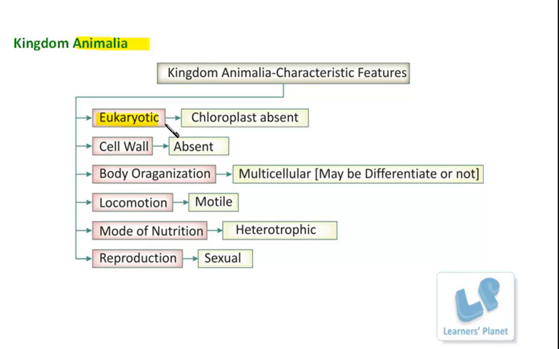It is a well developed cell with respect to the nucleus and other membrane bound organelles. But the important point that I would like to mention here is that in these cells, the chloroplast is absent. Or in other terms, I can say the plastids are not present. Although other membrane-bound organelles are present, definitely plastids are absent, and therefore they are not able to synthesize their own food.